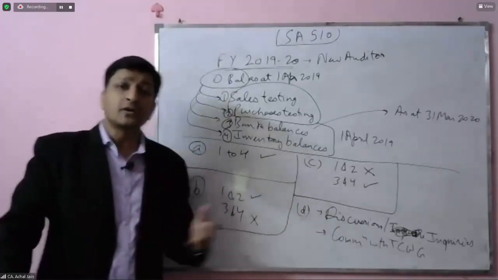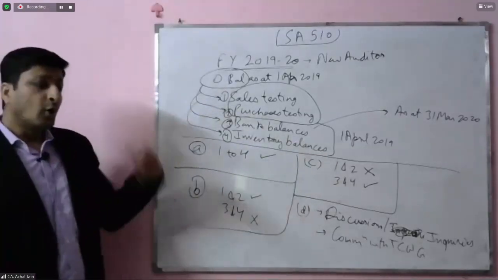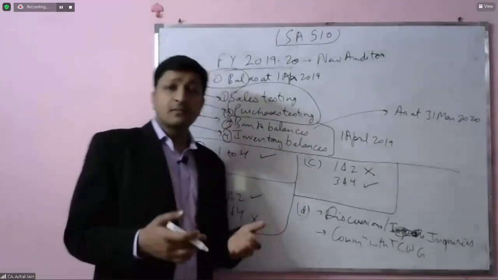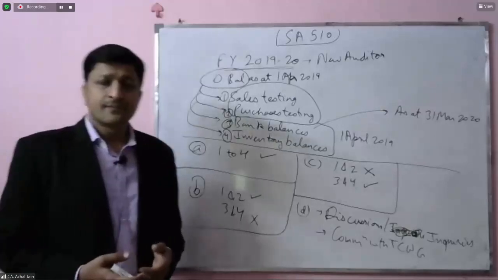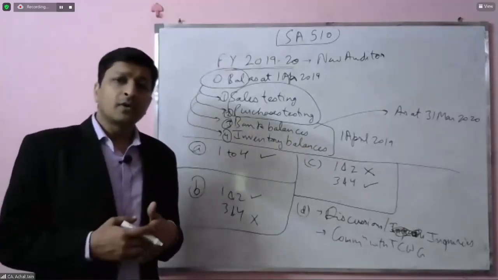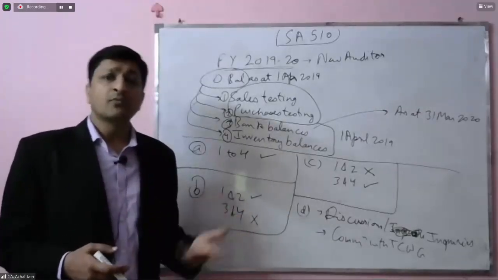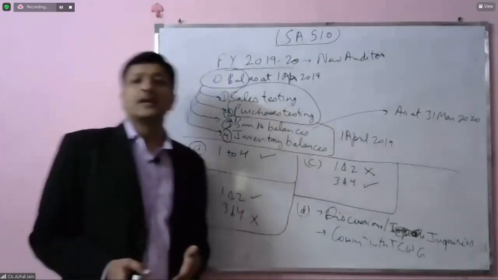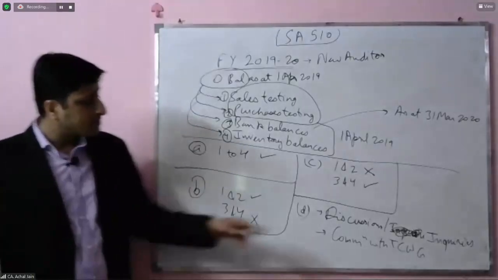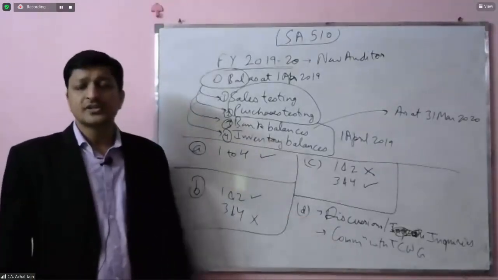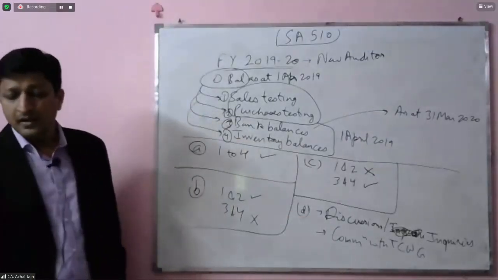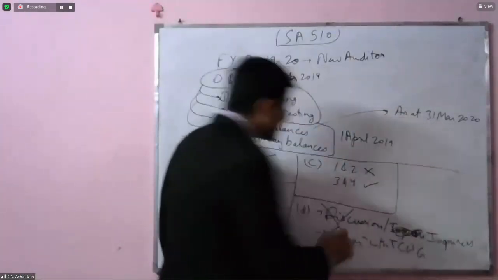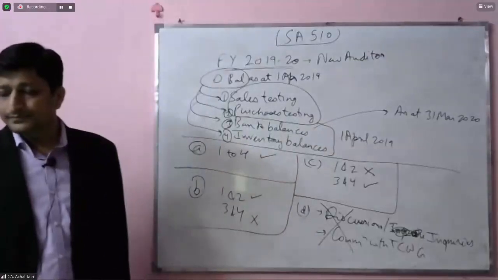Audit procedures are not dependent on the opinion given in the last year. Of course, it will have some implications on the part of the auditor if the last year's audit report was clean or not. But to say it will be completely dependent on that may not be all right. And because of this, it will be limited to discussions, inquiries. Again, this may not be all right. So that's why option number D cannot be considered to be correct.